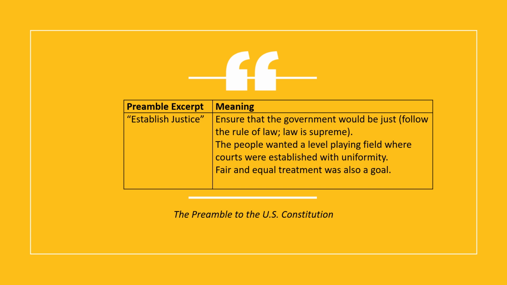The people wanted fair and equal treatment so that if people were accused of crimes, or if there was a conflict between two states that had to be adjudicated, there would be a court system that would treat the people fairly and equally and would follow the rule of law, recognizing that the law is supreme.